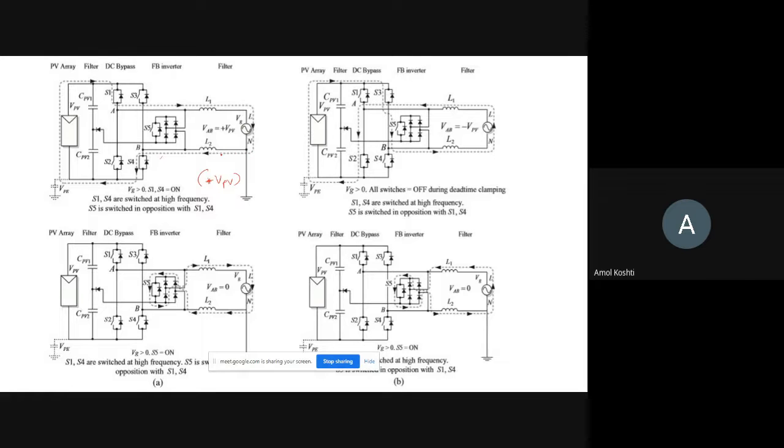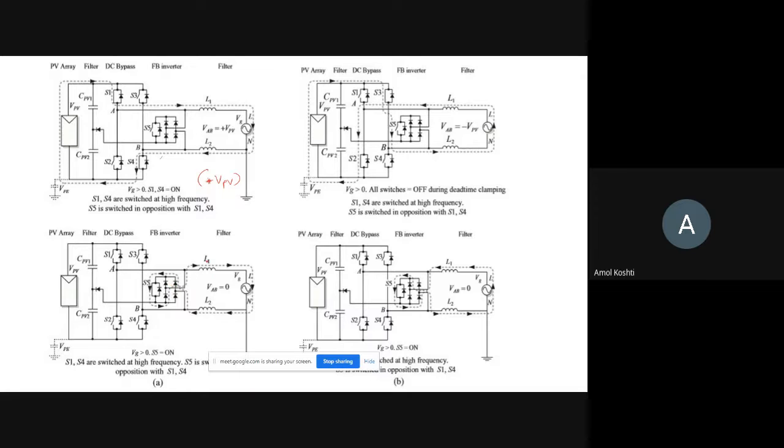Again, to produce a zero level for this positive half, they switch S5, taking these diodes into consideration, and they produce the zero level. Zero level means the PV system is disconnected from the grid, so obviously zero voltage is produced at the end of this inverter.